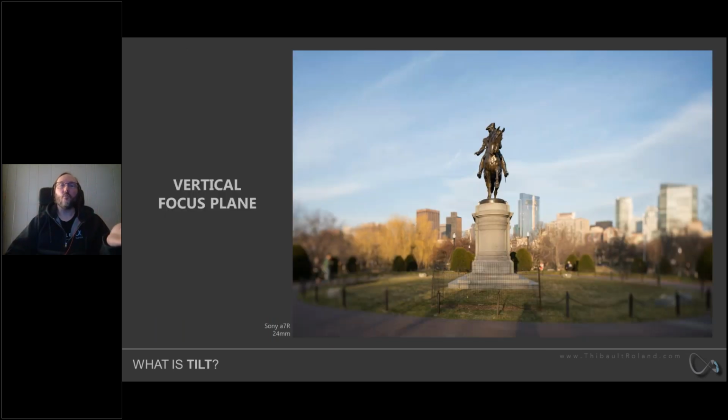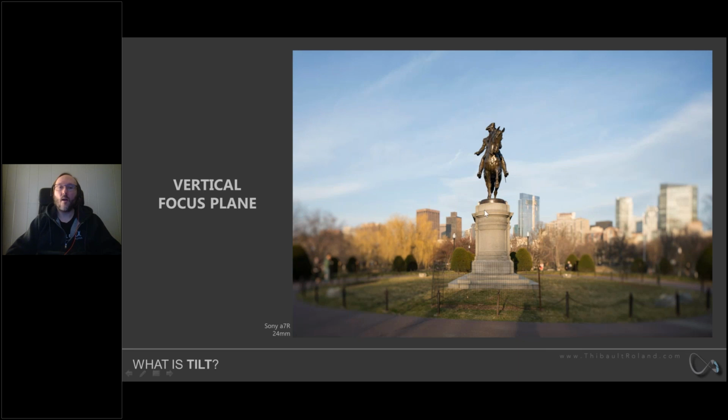So what does that do? If I am pointing my lens to the left or to the right, what I will end up having is what you see here, which is that my plane of focus, meaning whatever is going to be sharp, is going to be along a line that is vertical.